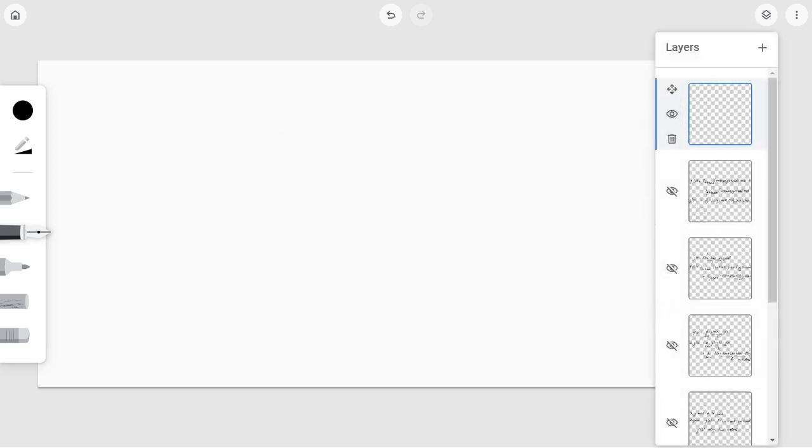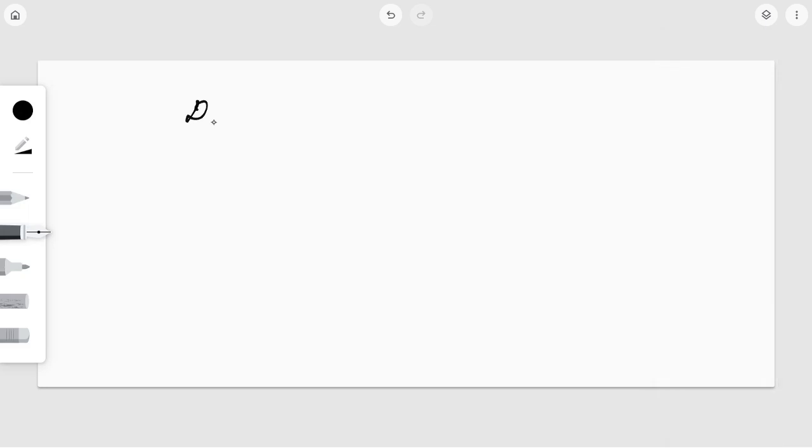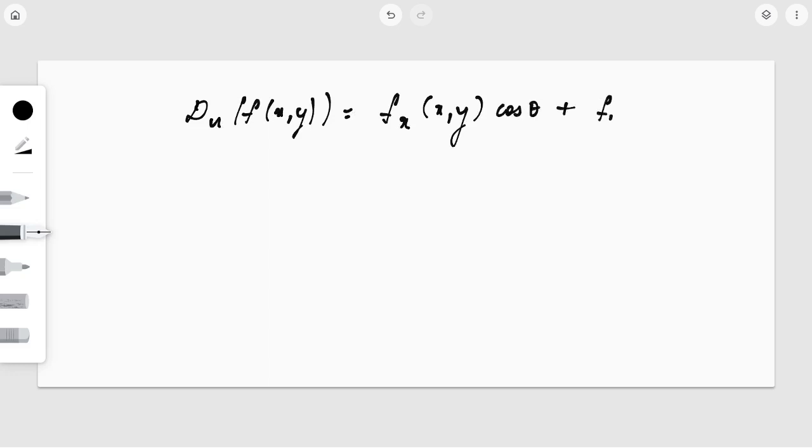That is, we had previously calculated g dash of u to be directional derivative of f of xy. This is fx xy cos theta plus fy xy sine theta.